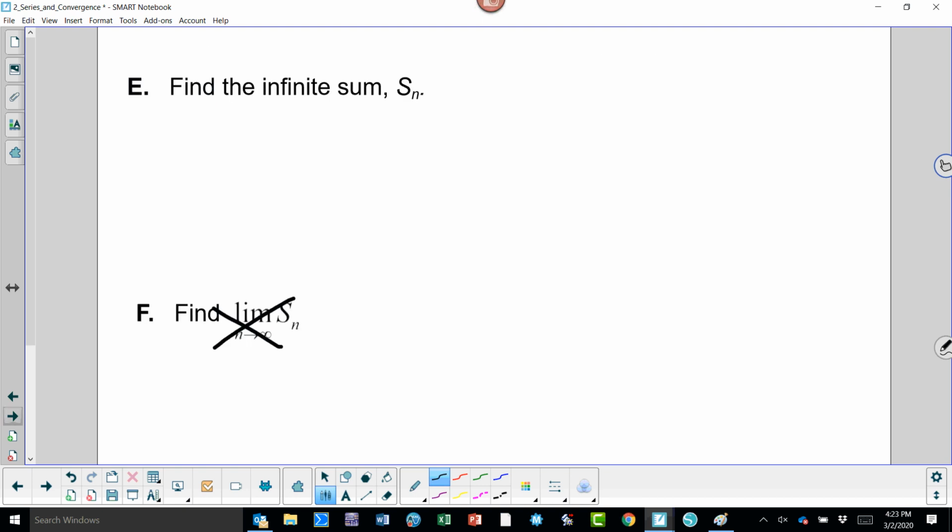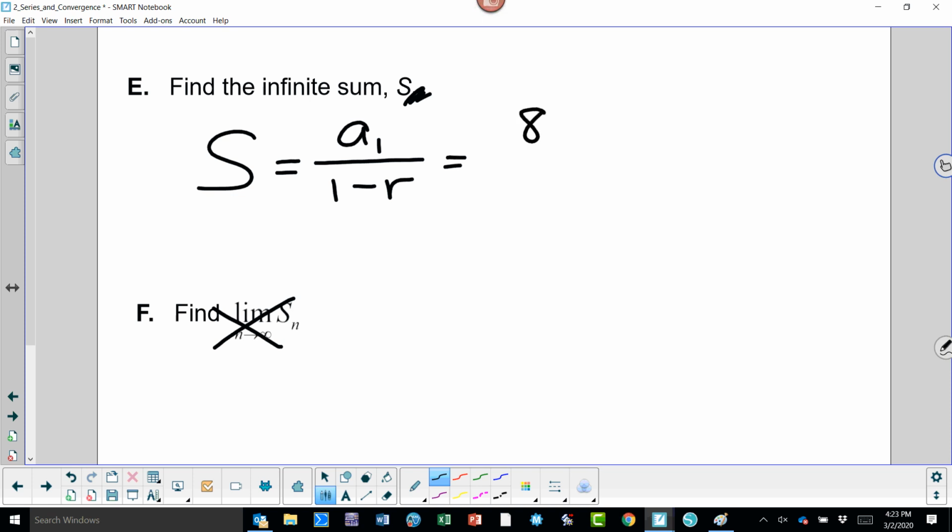Okay, find the infinite sum Sn. So really Sn isn't actually the right thing to write. We should write just S, no n, because if it's infinite, then there wouldn't be an n there. So the actual sum is, remember, first term over 1 minus r. So literally say first term instead of a1.